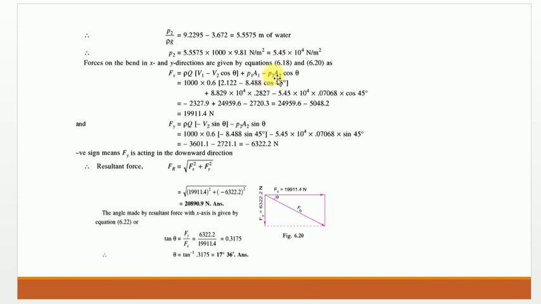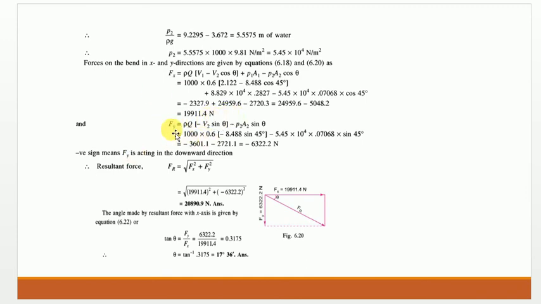Okay, F of x is the formula to find the force exerted by water on the pipe bend in the x direction. This derivation we have already discussed, and we have found the formula. By substituting the values in this formula, we find the force in the x direction, which is equal to 19,911.4 Newton.